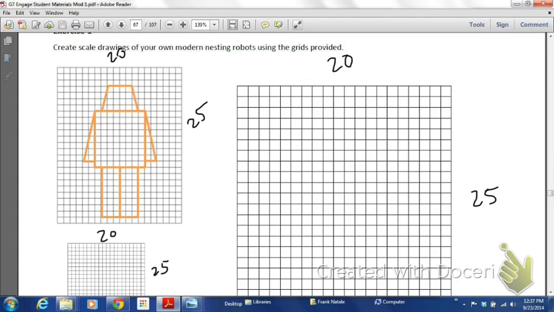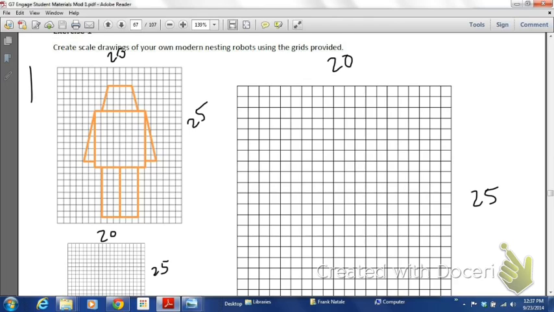But anyway, just something to let you know ahead of time, and the only way this actually works as a scale drawing activity is to point out that all three of these grids that are in front of you here have the same unit measurements. So all three, okay?